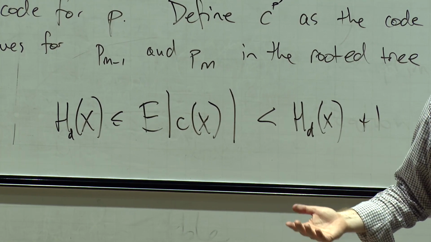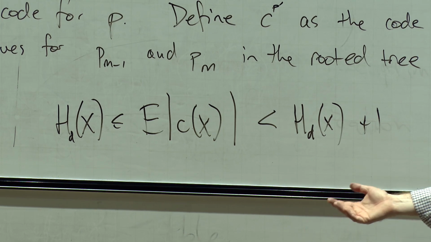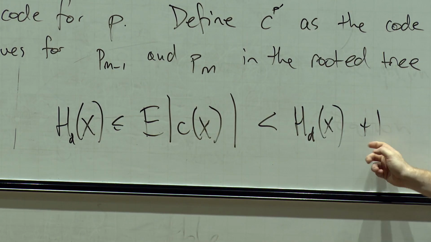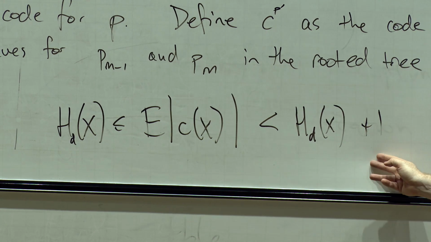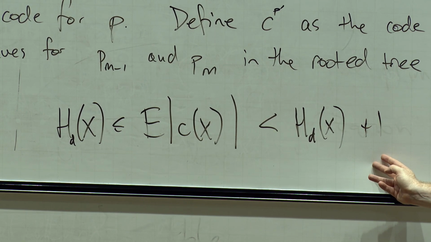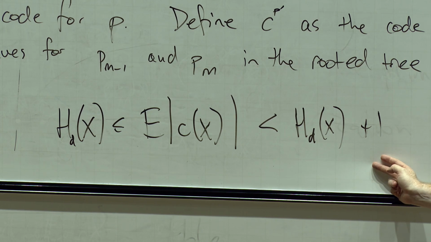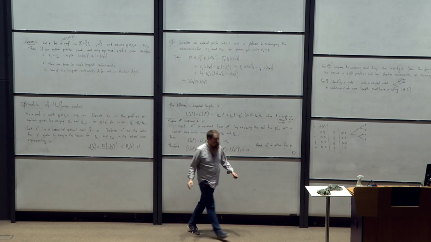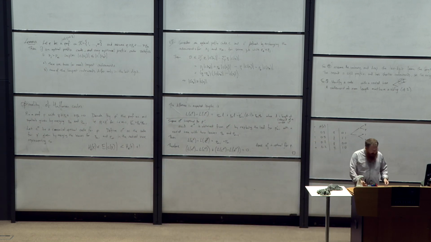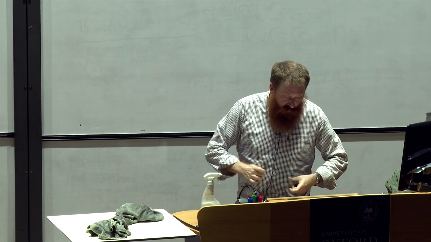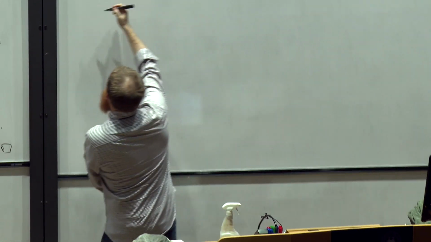If I had an IID sequence, I'd now apply the Huffman algorithm to blocks. That gives me a way of doing this, and you remember that you get a 1 over n type behavior. Sounds great. Except now there's even more things I have to store and remember and communicate in order to store my Huffman code. So that is one of the main challenges. Okay, so what else can be done? This brings us to another code called Elias's code.